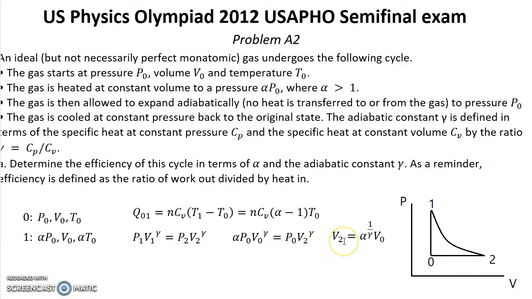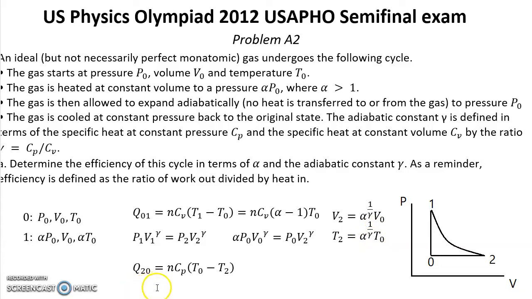So we have V2 equal to alpha to the power 1 over gamma multiplied by V0. Next step, due to proportionality of temperature and volume during the isobaric process from 2 to 0, we have temperature T2 equal to alpha to the power 1 over gamma times T0.